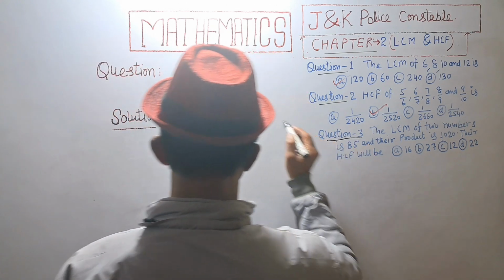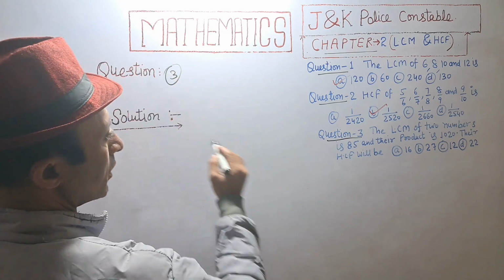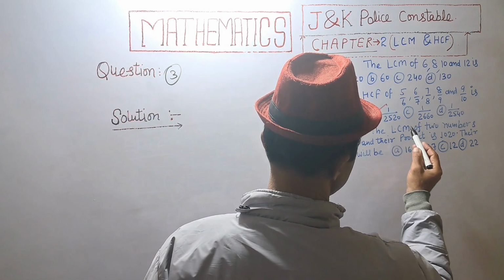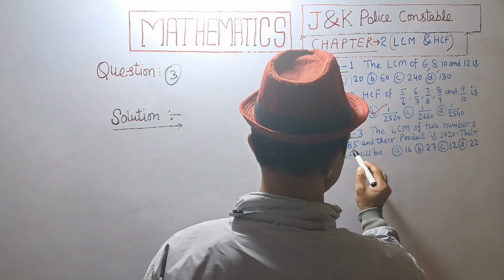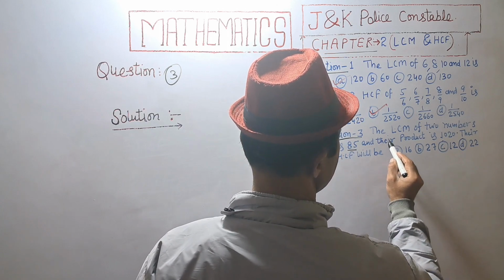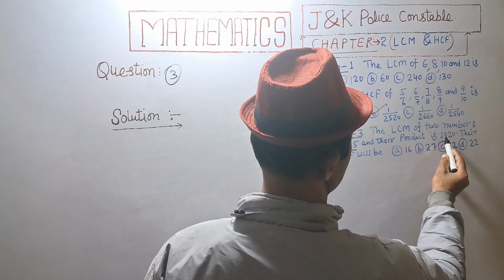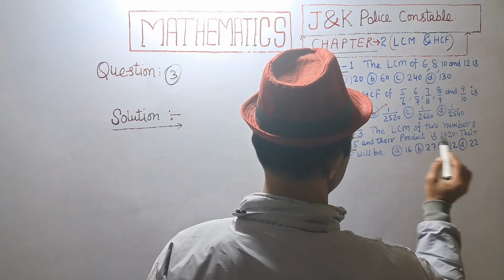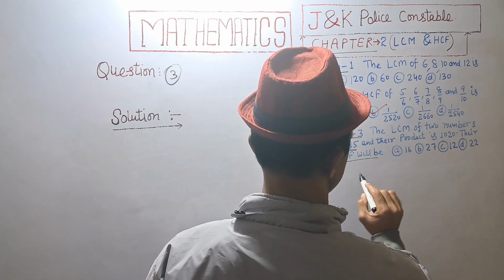Question number 3. The LCM of two numbers is 85 and their product is equal to 1020. Their HCF will be.